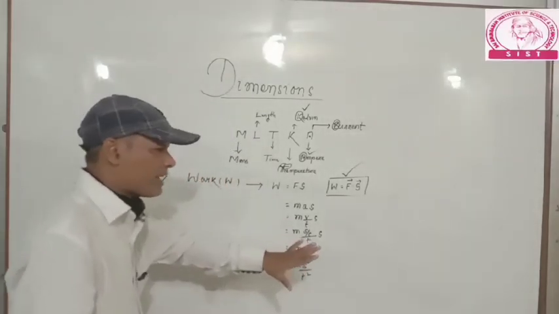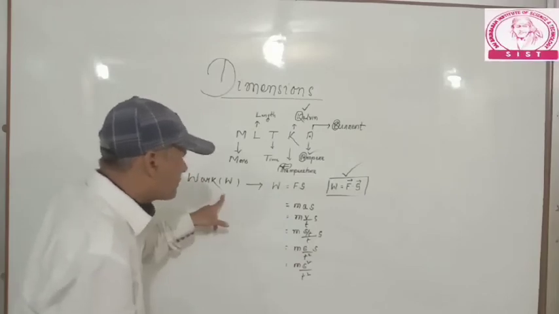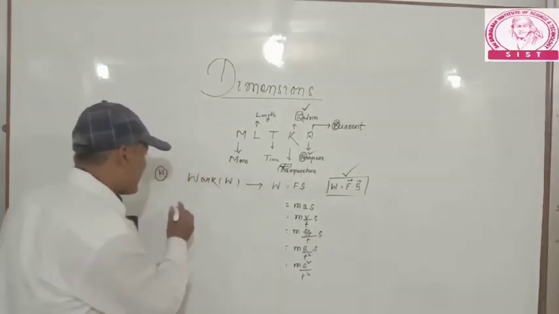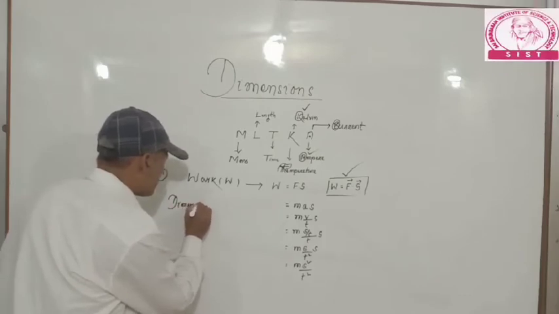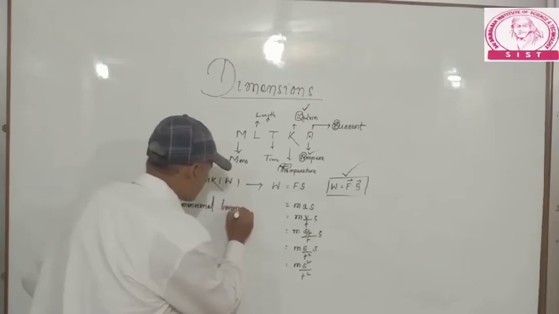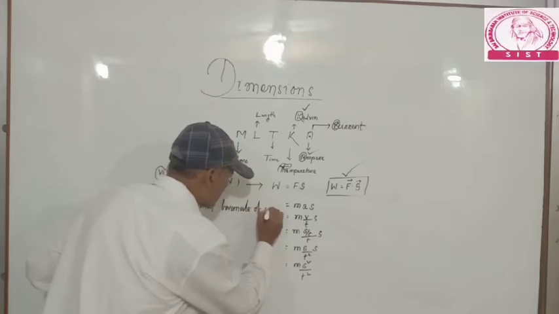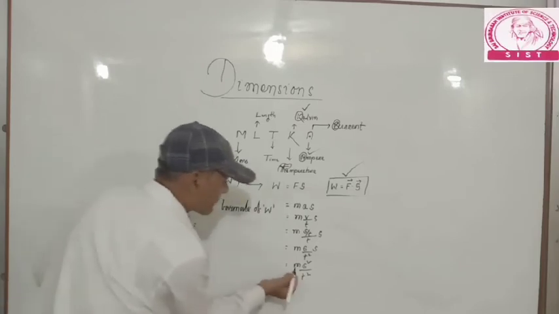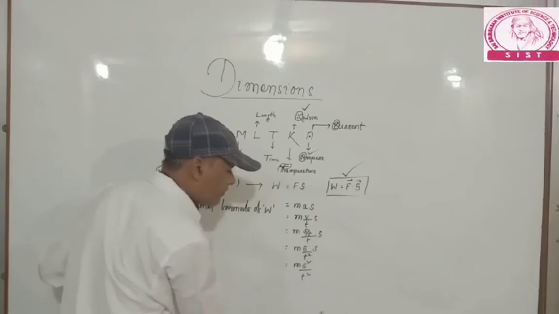Try to express what must be its dimensional formula. Start writing dimensional formula of work. You see here, this is mass, this is length, this is time. No problem. Easily you can write.